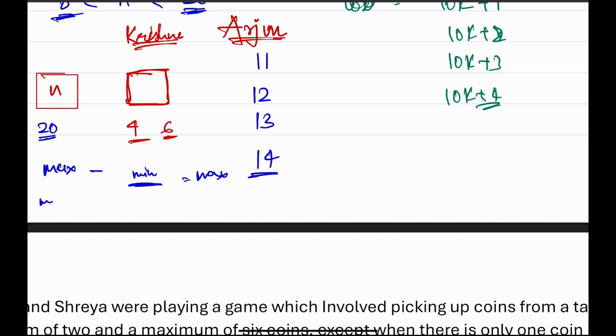But if you remove the maximum, then you will get the minimum value, correct? So to find the maximum value, what we can do is maximum plus minimum. The maximum here is 4, the minimum is 4, 14, 14, it will be 18.